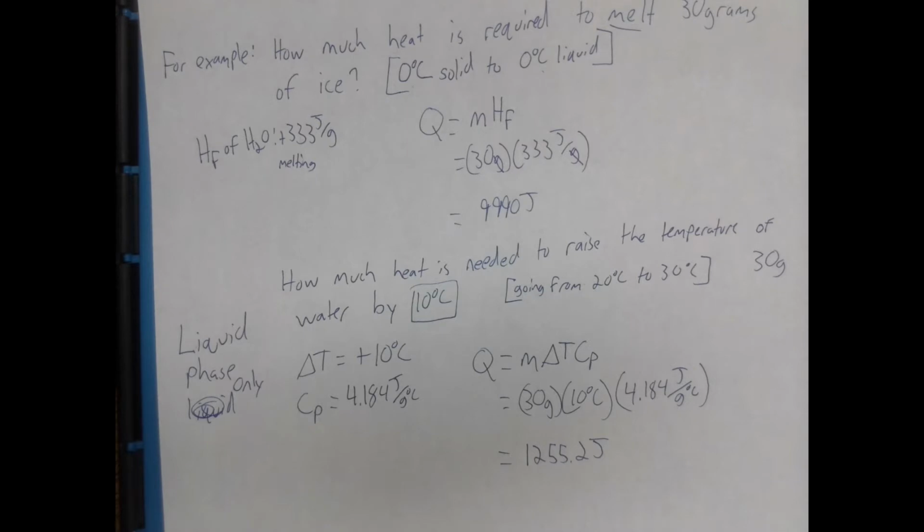If we had a solid phase only, we would have to change our Cp value. That's the only difference. The equation stays the same. We just have a different Cp value. Everyone good?